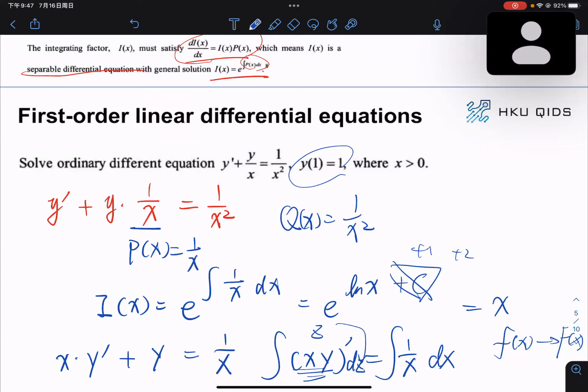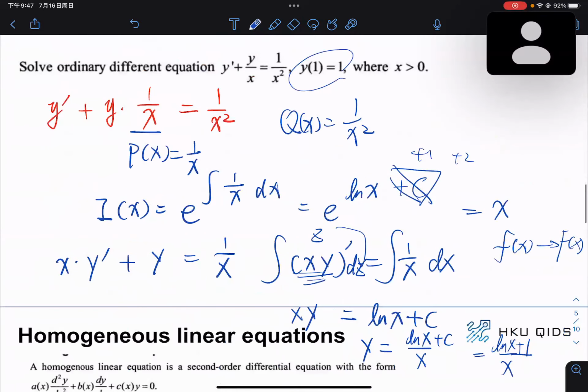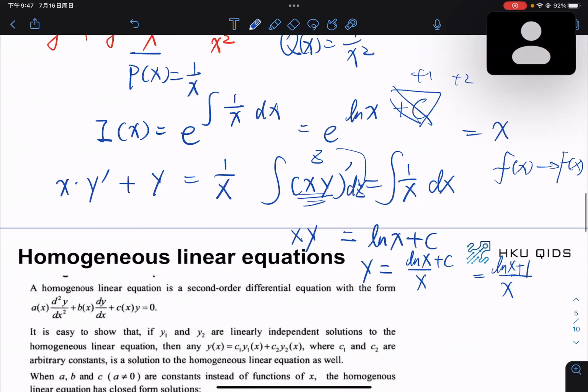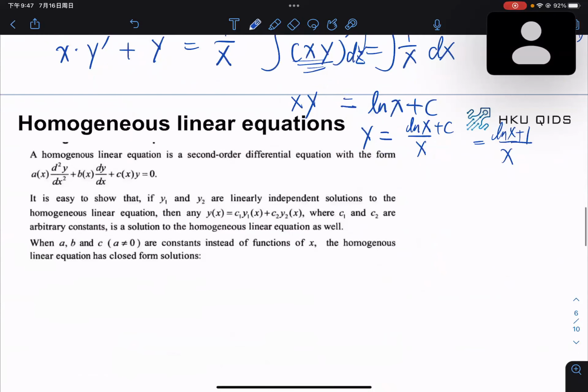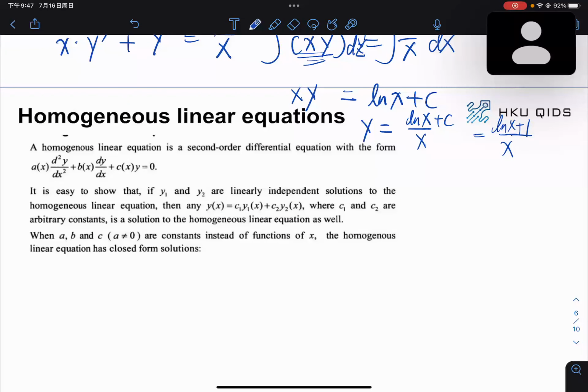It is e to the power of the integration of the function p(x) dx. Okay. And the second typical differential equation is the homogeneous linear equations. So anytime you see homogeneous, you know that there is something about convergence or something that they share with similar.